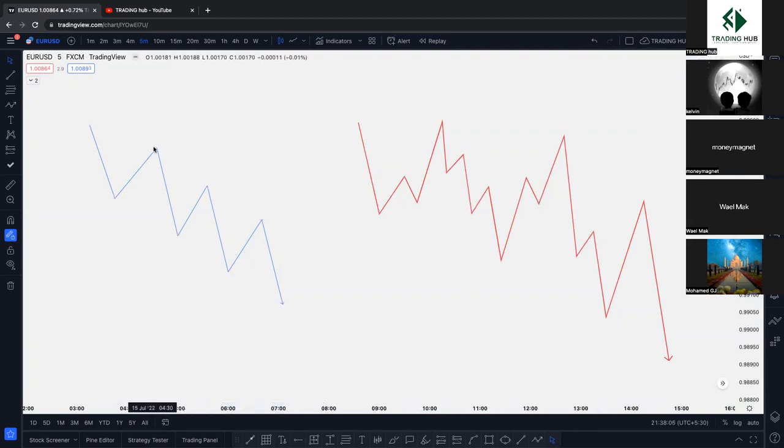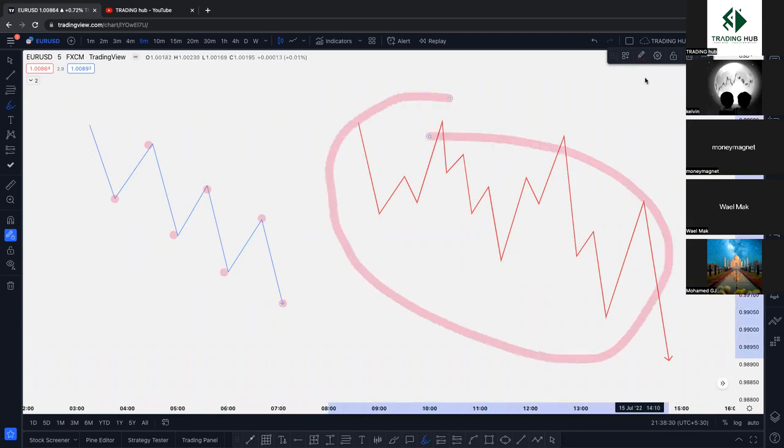When we read on YouTube, Instagram, from other traders and in some books, they teach you that the market creates a lower low, so this is called a bearish structure. But in reality, the market never moves like this. The market moves something like this.